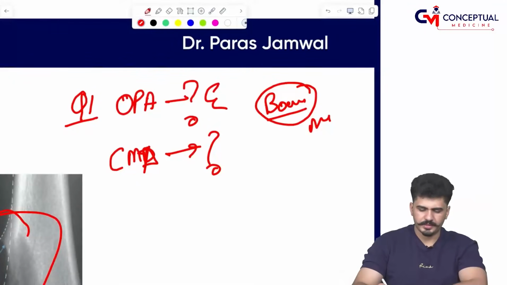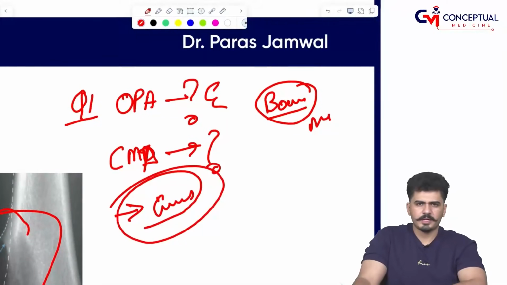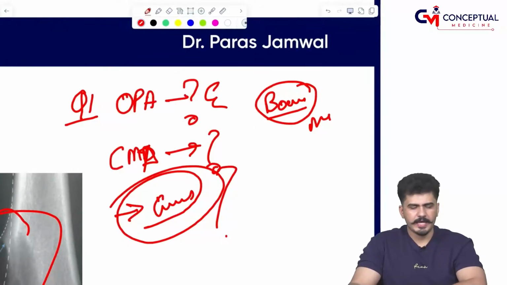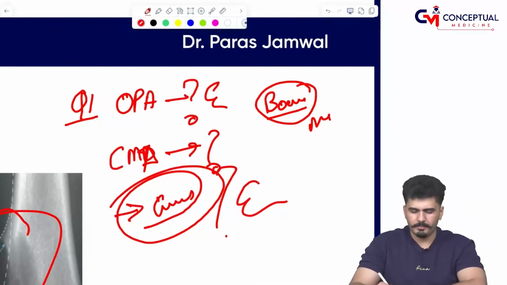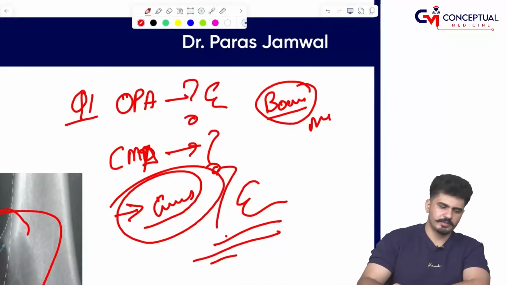Very good, sir. The tumor which is originating from the cartilaginous part is enchondroma. Multiple enchondromas are seen in Ollier's disease.